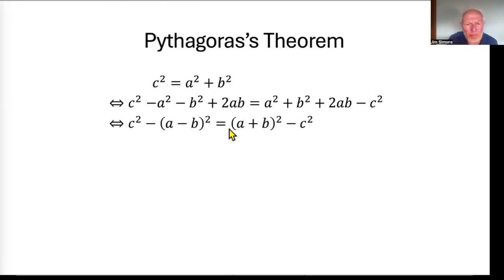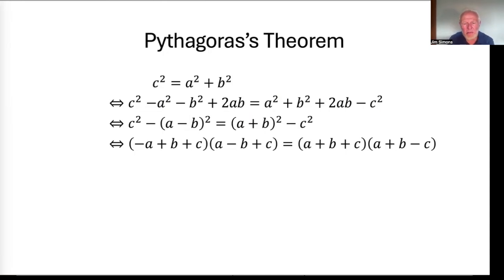And if you do a bit of unfactorizing here, you add those things up, you get that. And there's the difference of two squares, so we get that. And that's that. So this thing here is an equivalent version of Pythagoras' theorem. So if you have a triangle in which that relationship holds, it's right-angled, and vice versa, of course.